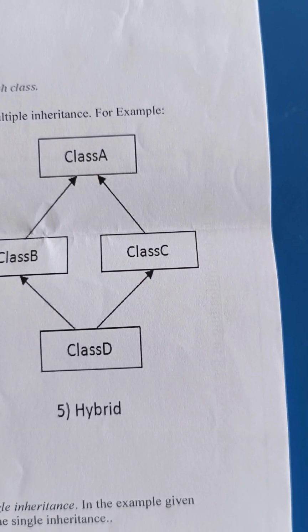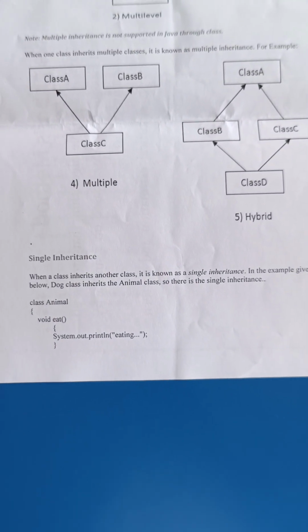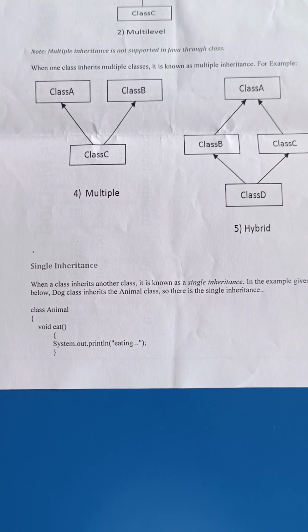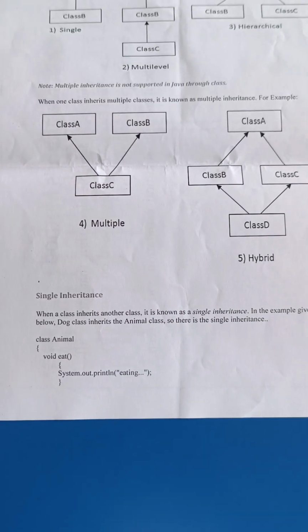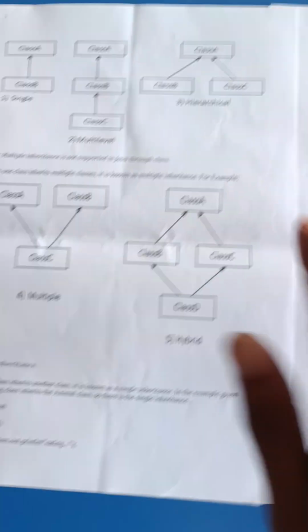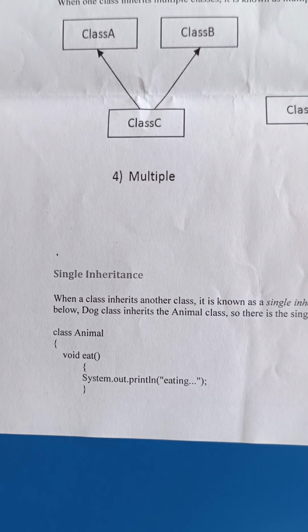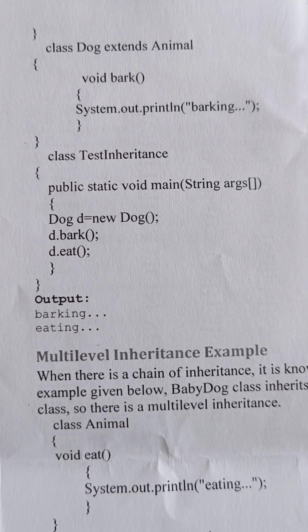First we will see the example for single inheritance. Here you can see class animal, which is a parent class, having one method called eat, and inside that we print "eating". This is the parent class animal and its eat method. Here the child class is dog.